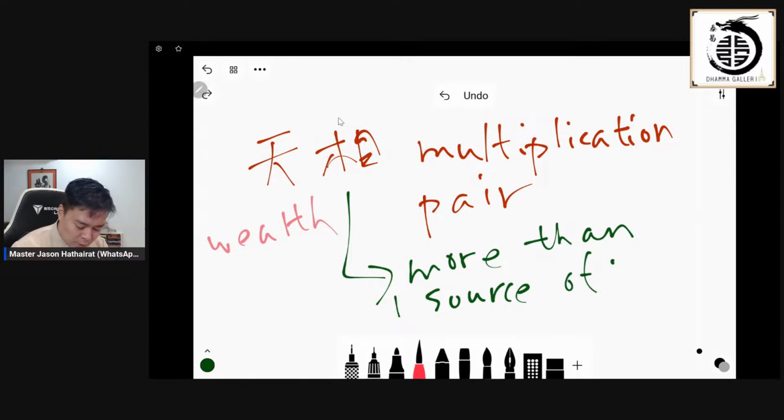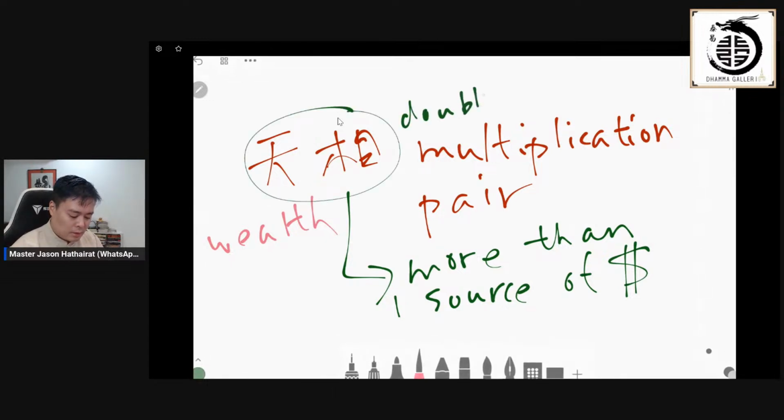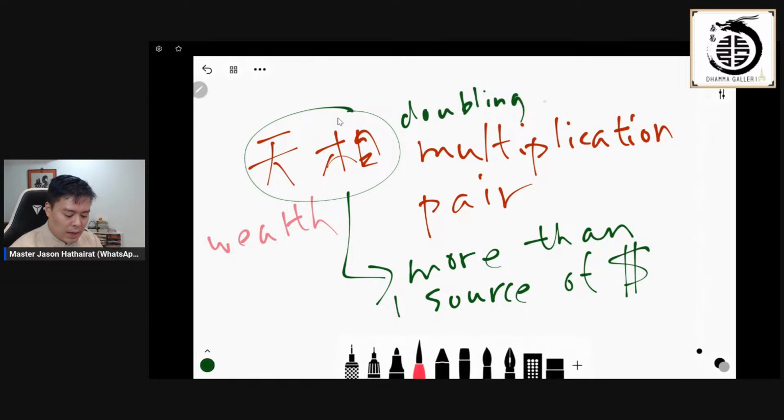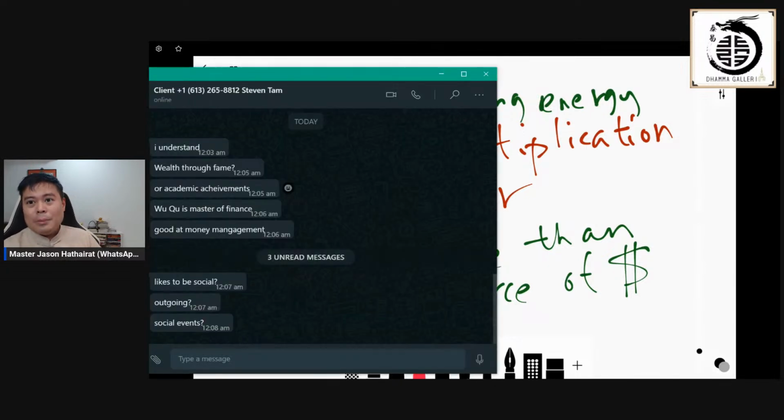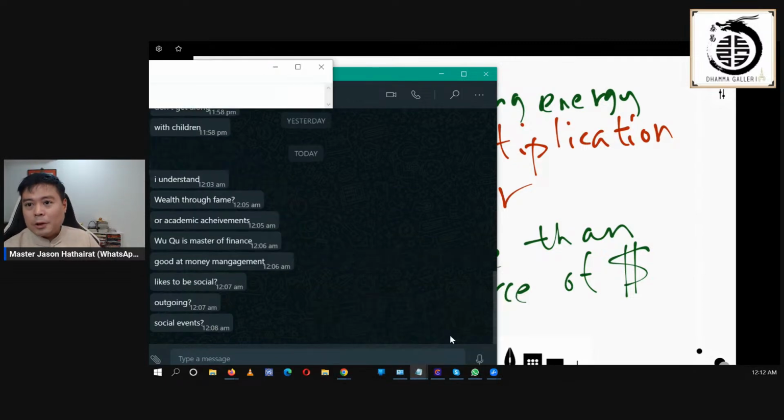More than one source of income, okay? Because 天相 is always doubling the energy of the star, or doubling the characteristics of the domain. So are you able to understand this point? Hopefully you're able to catch this point.